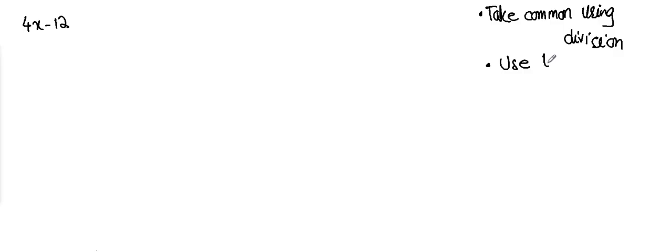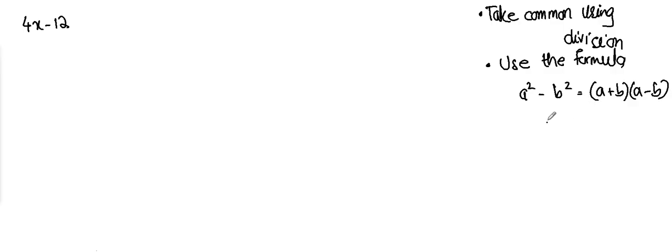First of all, we have to take common using division, and the next step is to use the formula of a square minus b square equals a plus b, a minus b.